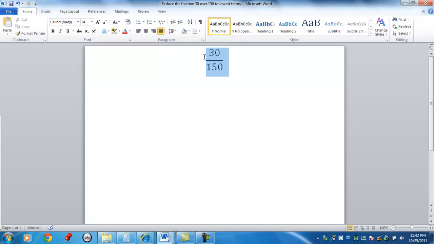Factor of 2. So for example, I can rewrite the expression as 2 times 15. 2 times 15 will give you 30. And then 2 times 75.